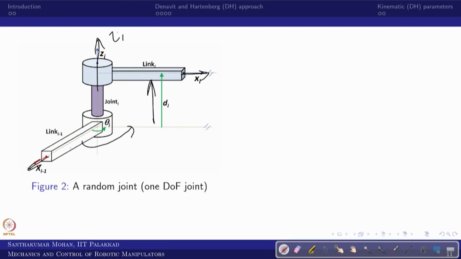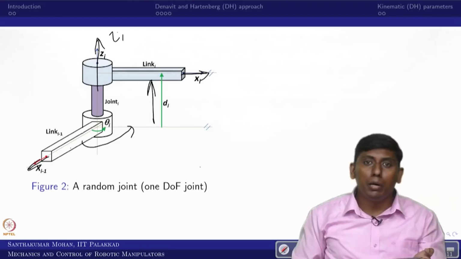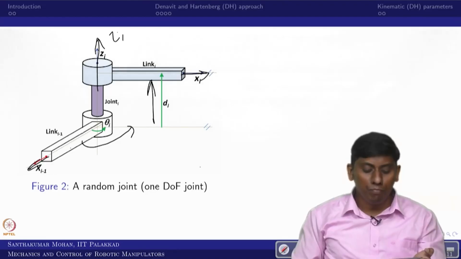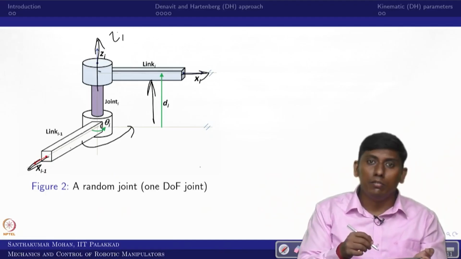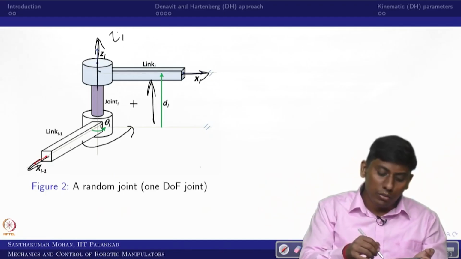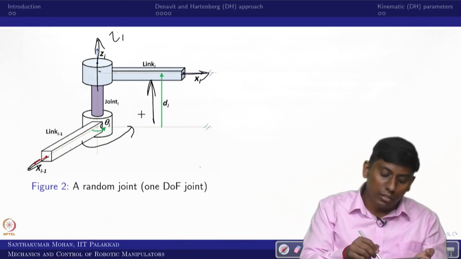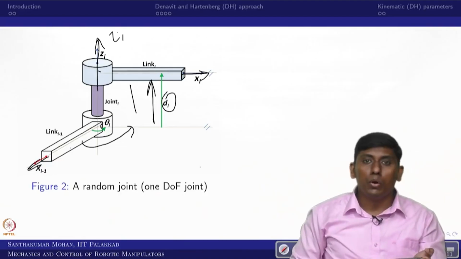First you rotate about z i to try to make x i minus 1 parallel to x i. This angle is called the joint angle. It can be variable if you are taking a rotary joint. If you are using a translation joint, like a piston cylinder, the distance would be variable.